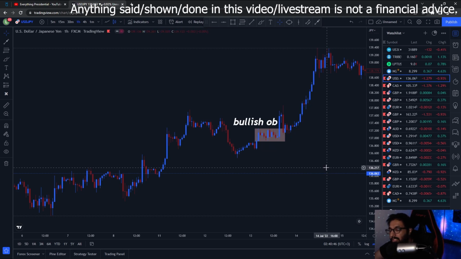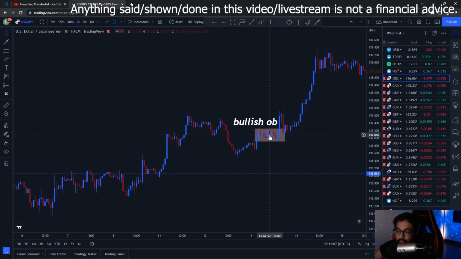Okay, and let me tell you something. Whenever there's an area like this where there's so many red and blue candles, an order block is a combination of both candles, bullish and bearish. Both the candles are going to create an order block, because like I said, it's an accumulation of orders. So there's going to be buying orders, there's going to be sell orders.